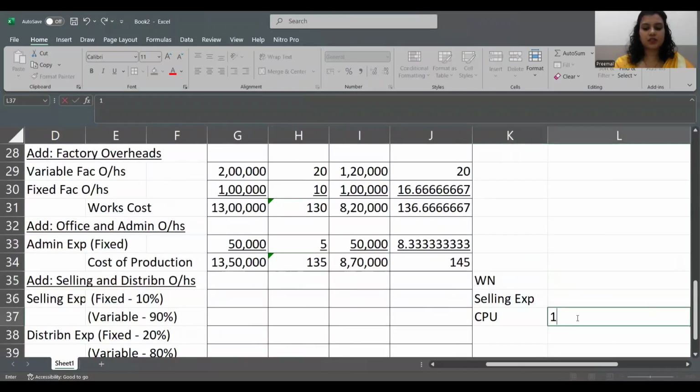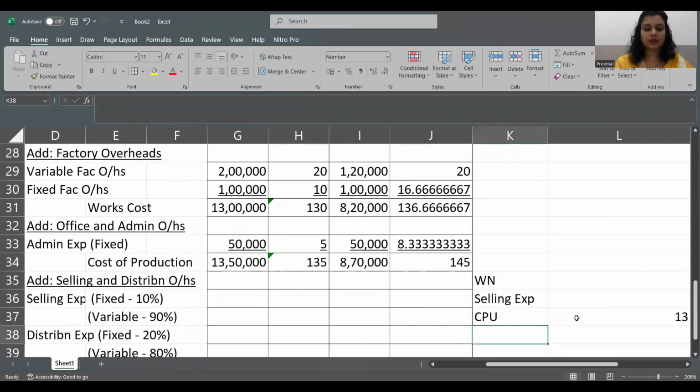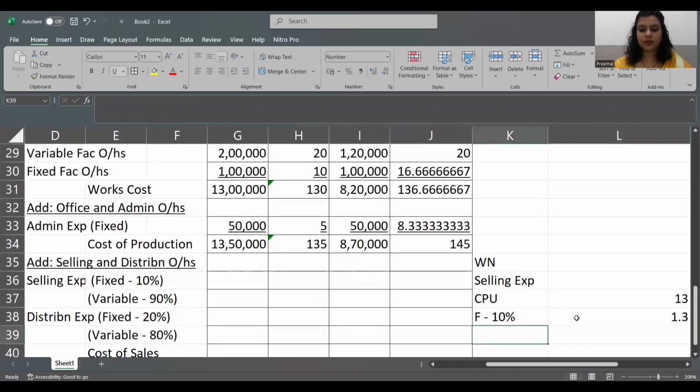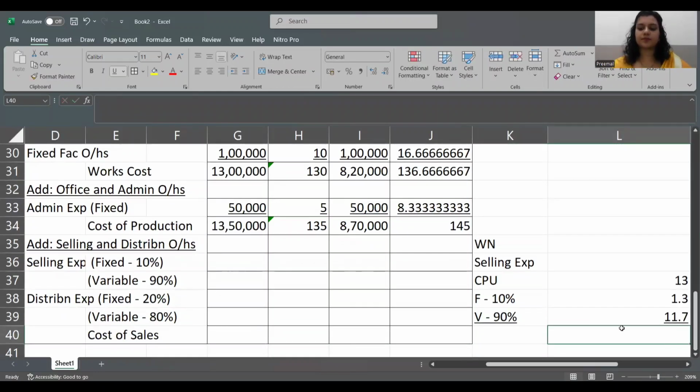So cost per unit is 13. Fixed is 10%. So 10% of 13 is 1.3. So therefore, variable, which is 90%, will come up to 11.7. So this is how you find out the cost per unit for the fixed portion and variable portion.